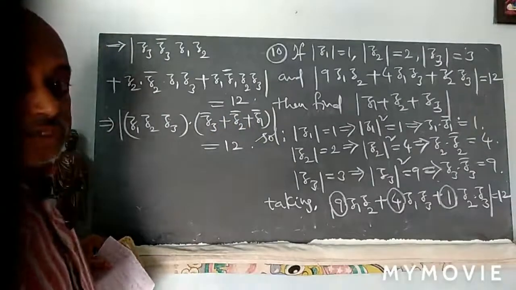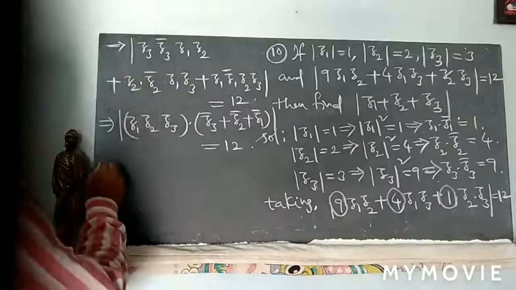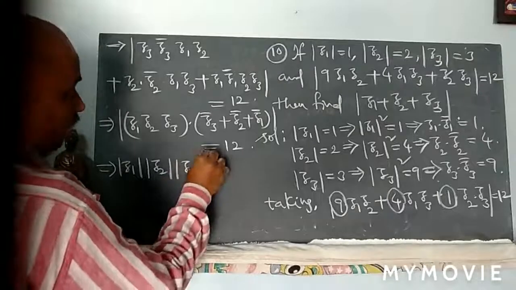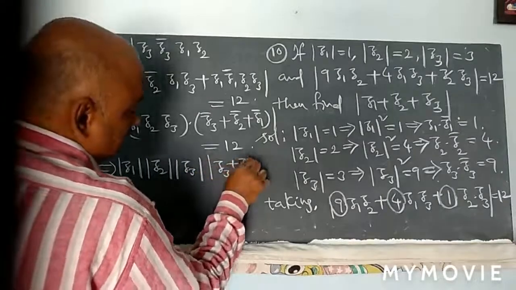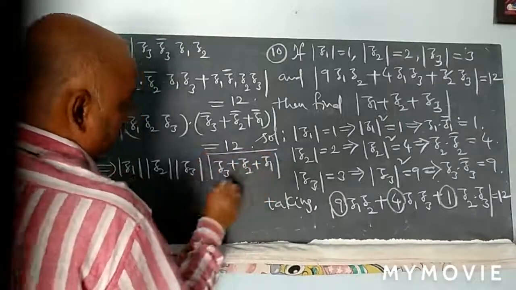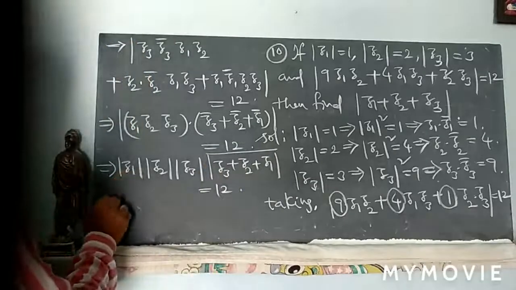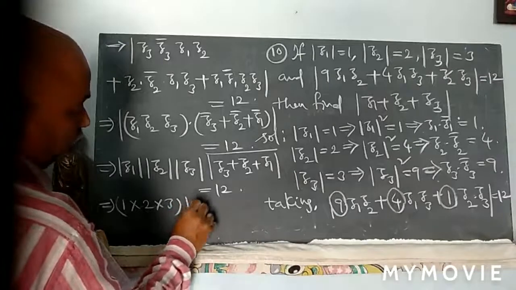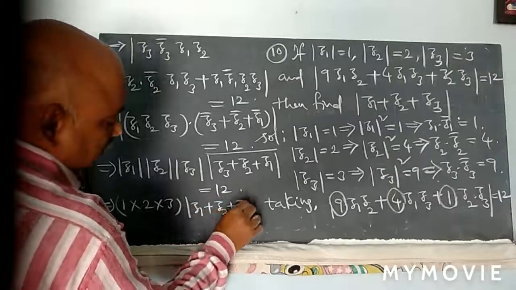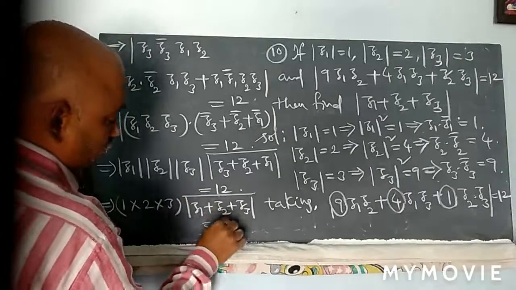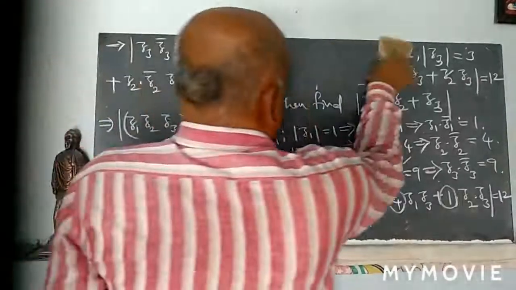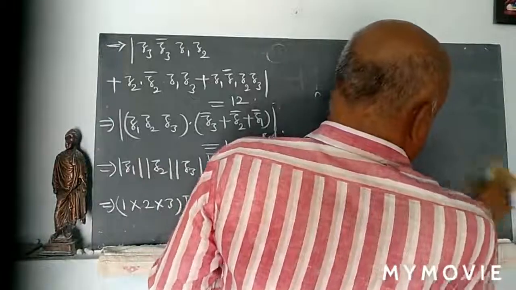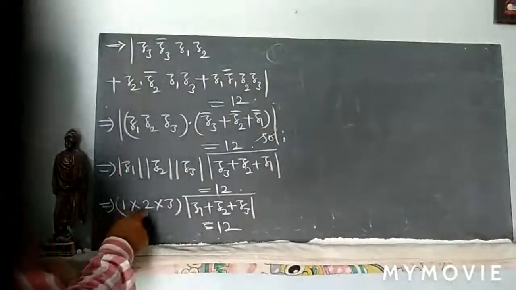We know that |z1 z2| is equal to |z1| into |z2|. So this implies |z1||z2||z3| into |(z1 + z2 + z3) whole bar| is equal to 12. |z1| is 1, so 1 into 2 into 3 into |(z1 + z2 + z3) bar| is equal to 12. 1 into 2 into 3 is 6.